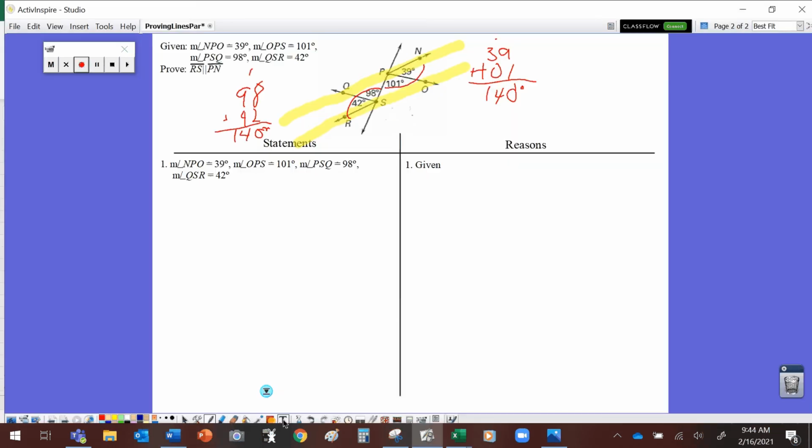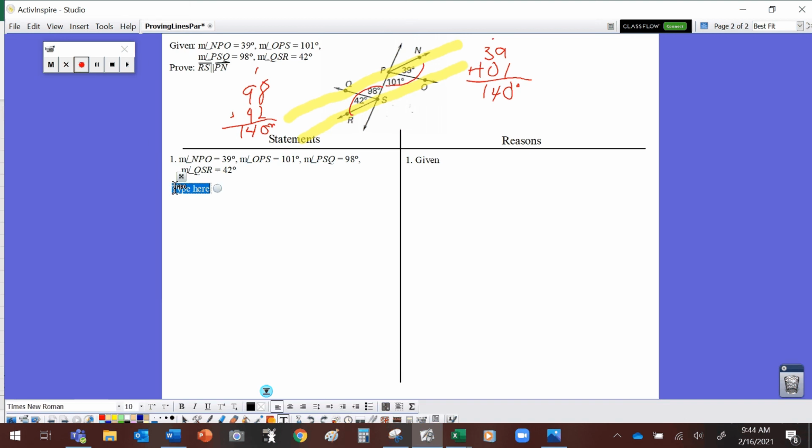So that's what I'm going to do. I'm going to say that the measure of angle NPO plus the measure of angle OPS equals the measure of angle NPS.